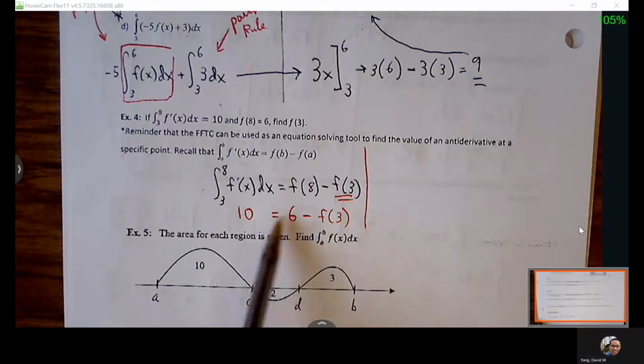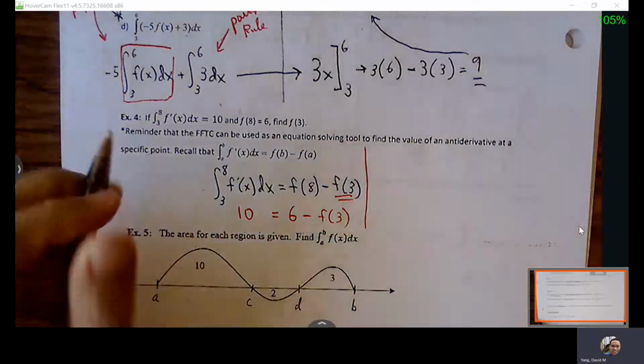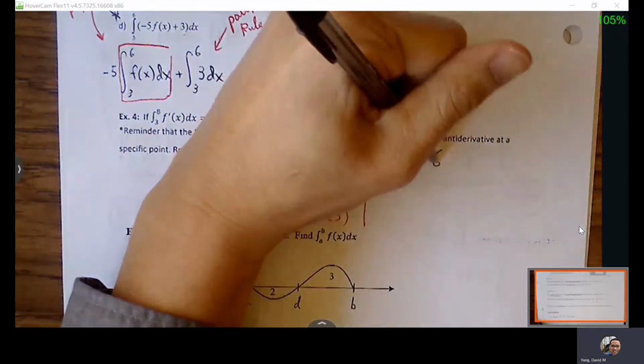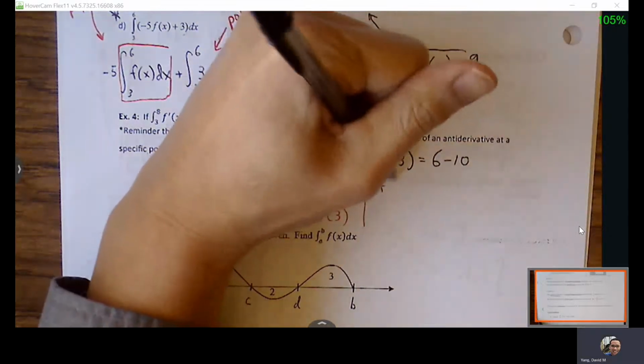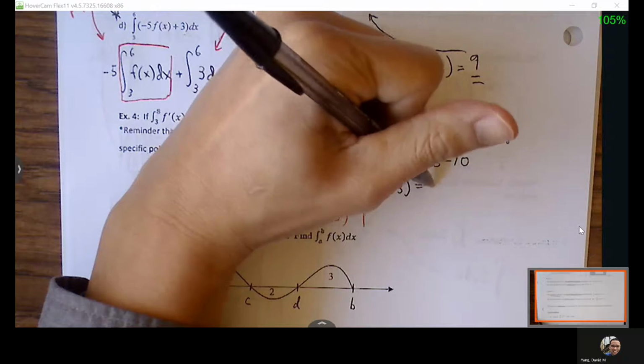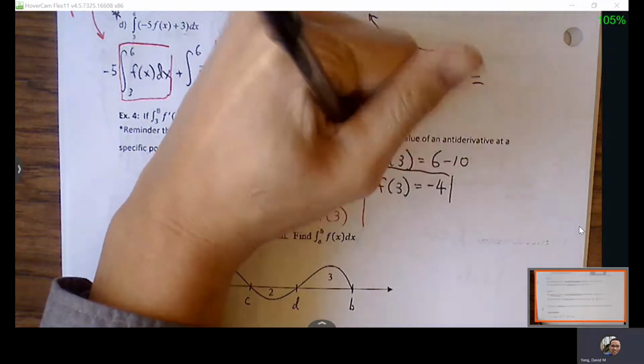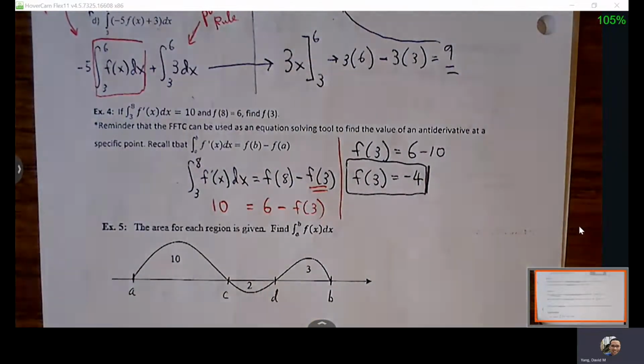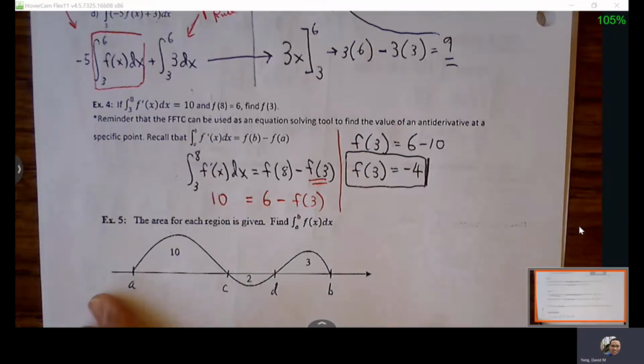All these are just numeric values. Okay, questions?